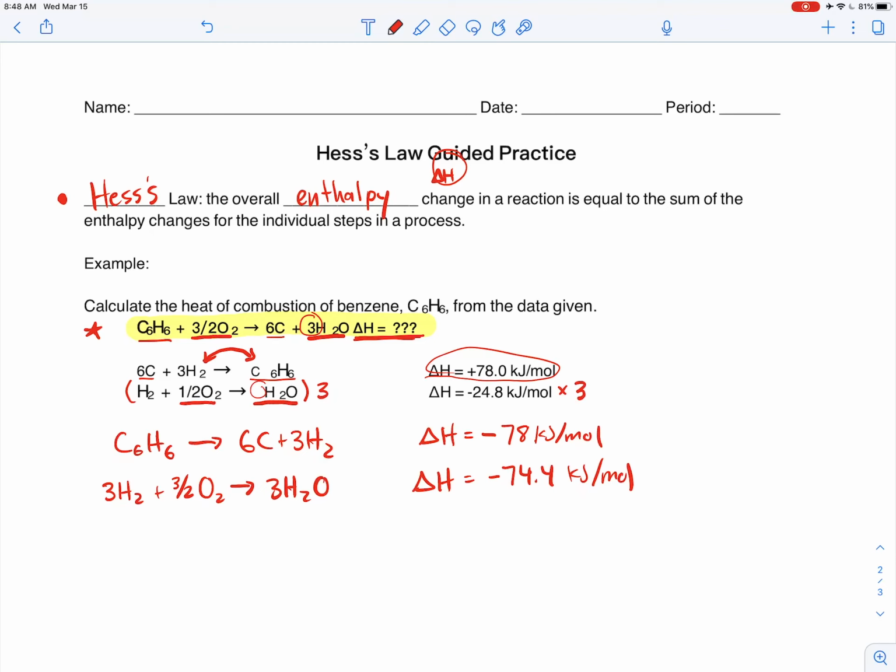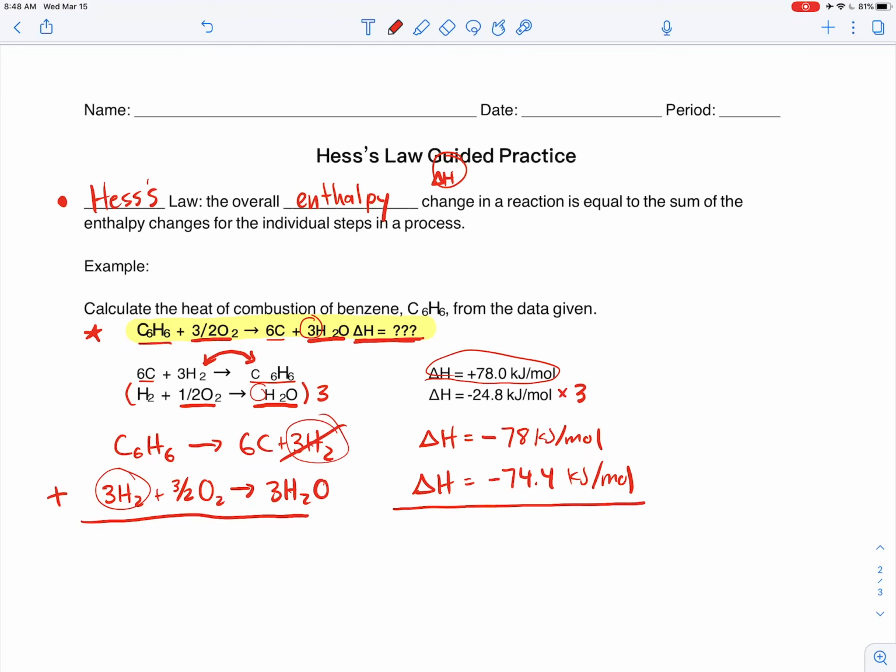Okay, at this point, I can go ahead and combine my 2 equations here. And what happens is any product that's formed, or anything you see on both sides of the equation, so here we see H2 is on both sides, that's simply going to cancel out. And what we're left with is our final equation, right?